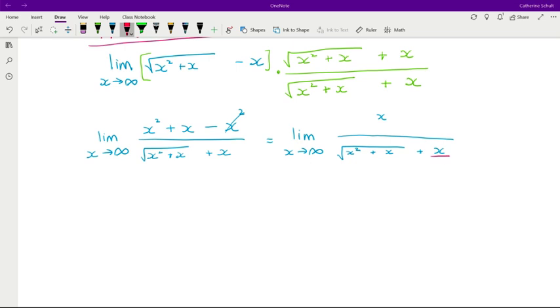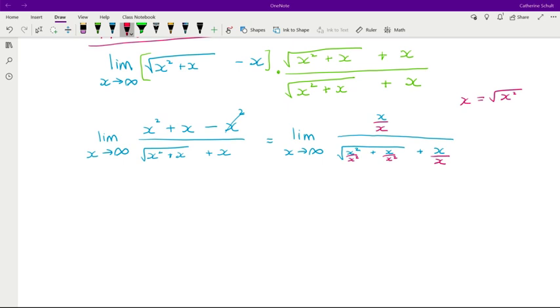So we're going to come through and divide everything by x. And then again, when we put it inside the square root, if x is going to positive infinity, x is equal to the square root of x squared. Okay, so that's where we're going with that.